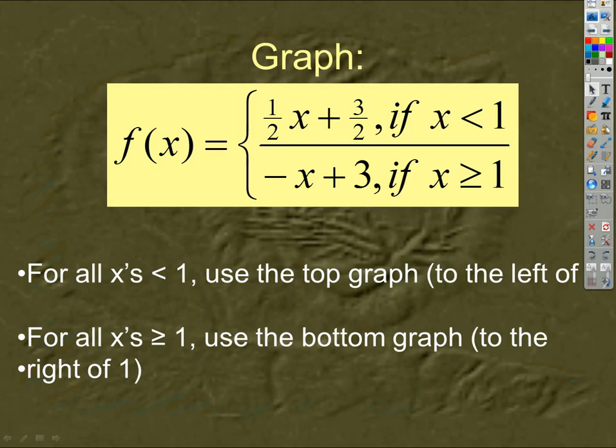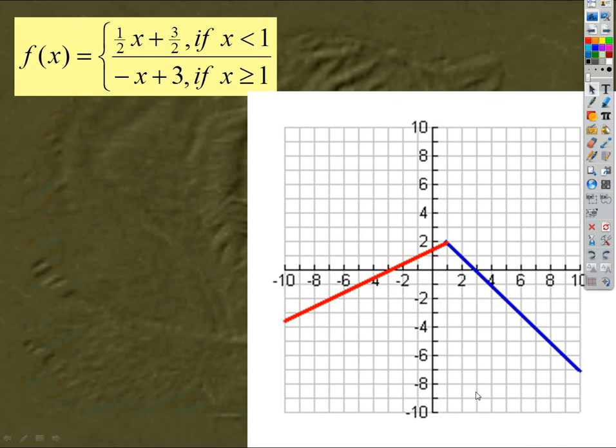It's defined and goes on infinitely far to the left, but if an ant is walking along this line from left to right, as soon as he gets to x equals 1, he's jumping onto a different line. So what's that going to look like? Like that. You see the red line corresponds to that part, and the blue line corresponds to that part.